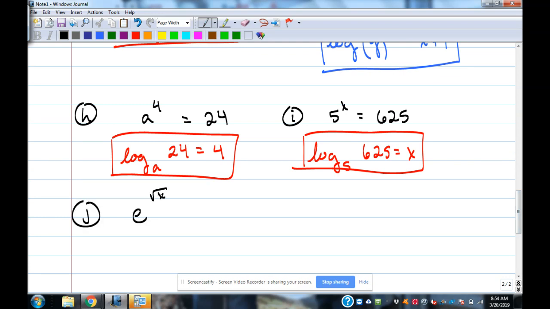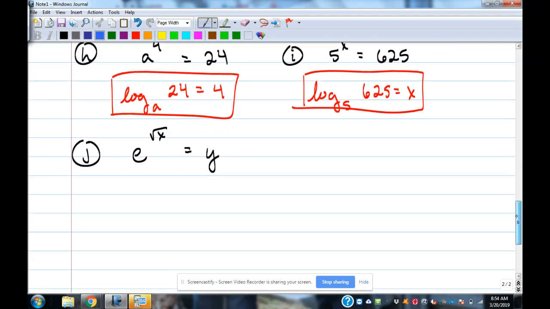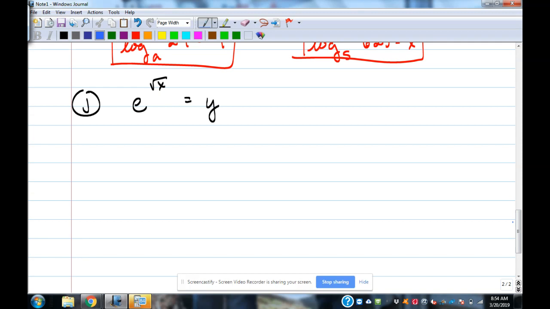E to the square root of x is equal to y. What log is that? Natural log.